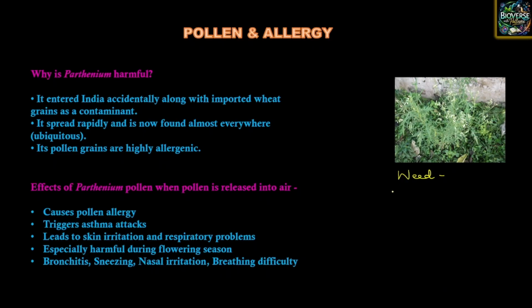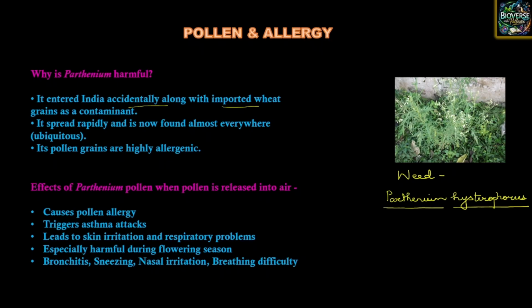So the plant that you are seeing over here in this photograph is Parthenium hysterophorus. And since, children, this is a scientific name, it needs to be underlined separately. Now, why is Parthenium harmful? What we had seen is this Parthenium hysterophorus has been accidentally introduced in India while we were importing the wheat. So it is some kind of a contaminant that came into the country India with the wheat.